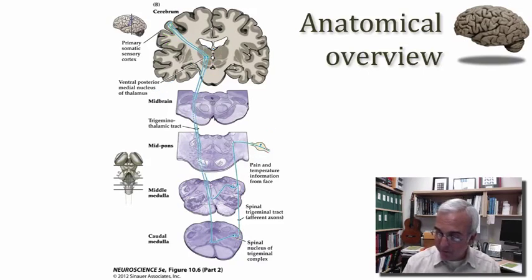So, for example, what happens if one were to sniff ammonia salts? Well, a signal would very quickly enter the brainstem and synapse on the appropriate neurons in the spinal trigeminal nucleus.